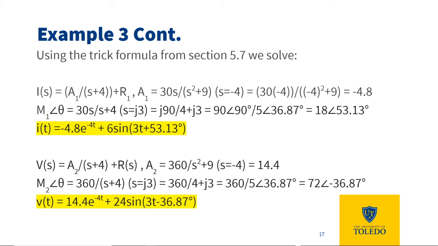M subscript 2 of angle theta comes all the way out to 72 angle negative 36.87 degrees. Using this information, we can find V of t, which equals 14.4 e to the negative 4t plus 24 sine of 3t minus 36.87 degrees.